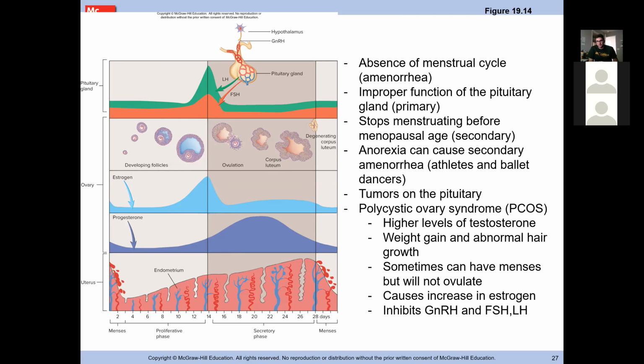But yeah, there's a ton of stuff that goes on with the menstrual cycle, with ovaries, and all different kinds of things go on. So yeah, PCOS is, unfortunately, a fairly common instance of abnormal menstrual cycle. People who have severe eating disorders as well, like anorexia, can develop amenorrhea and not have a menstrual cycle for prolonged periods of time too.